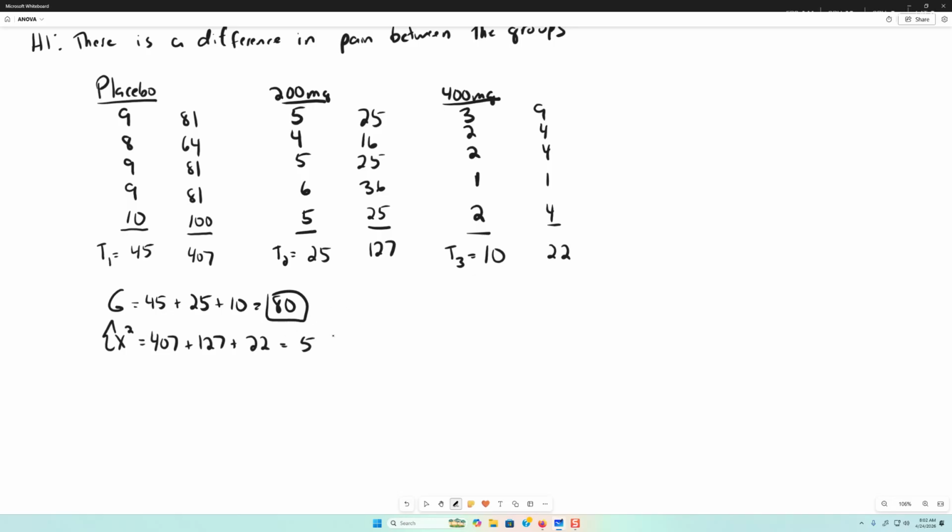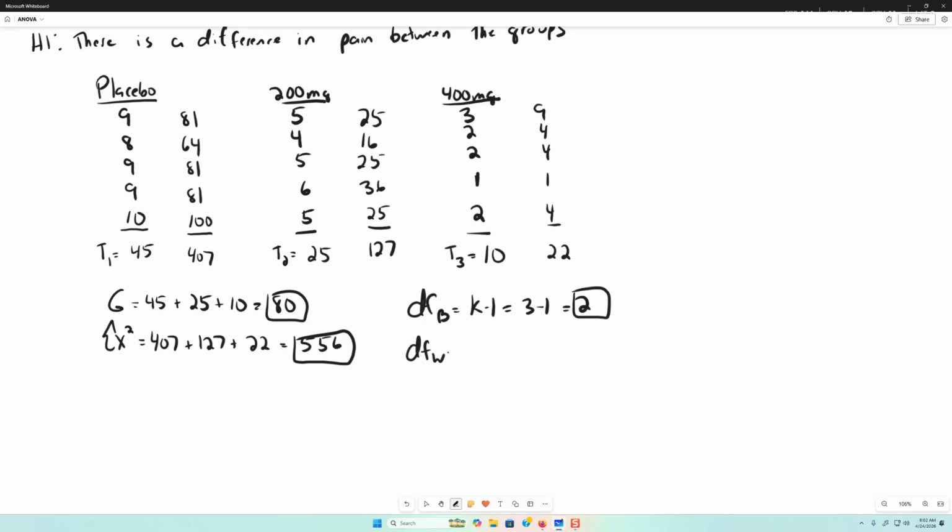And that gives me 556. Now we're ready to plug in. Let's find our degrees of freedom. So this is k minus 1. I have three groups. So degrees of freedom between is 2.